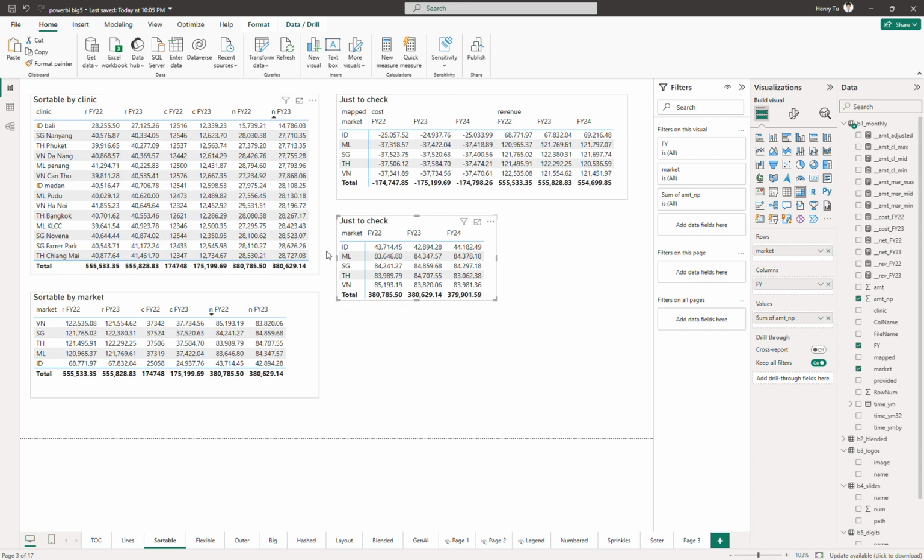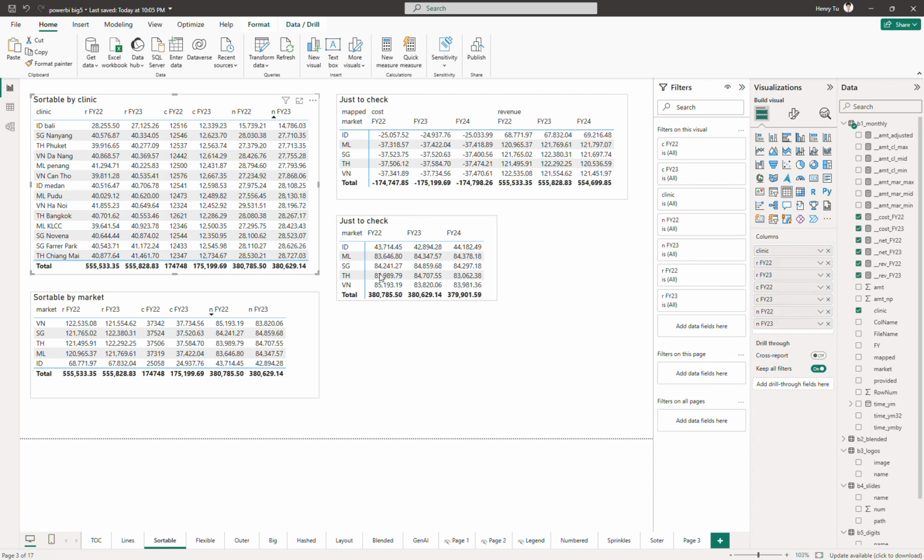If you look into here, this table actually uses only three columns by FY, so the revenue and cost by FY, and by market. That's it. But this table actually uses a lot of columns in here.